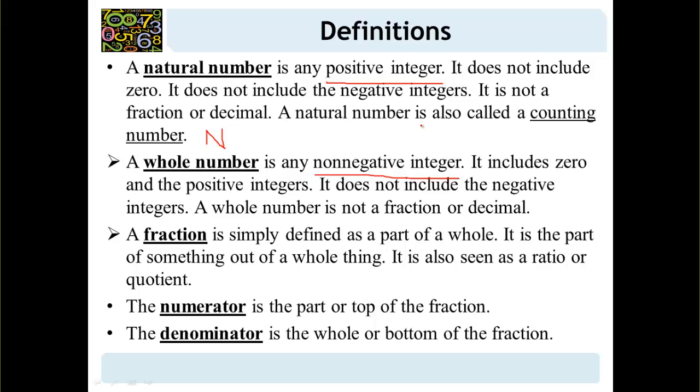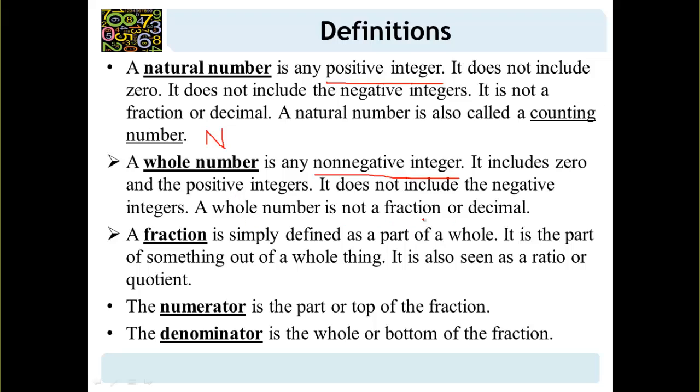When we talk of non-negative integer, it includes 0 and the positive integers. So we can say that the whole numbers are 0 and the natural numbers. Remember, it does not include negative integers. It is just non-negative, which means it is 0 and positive.